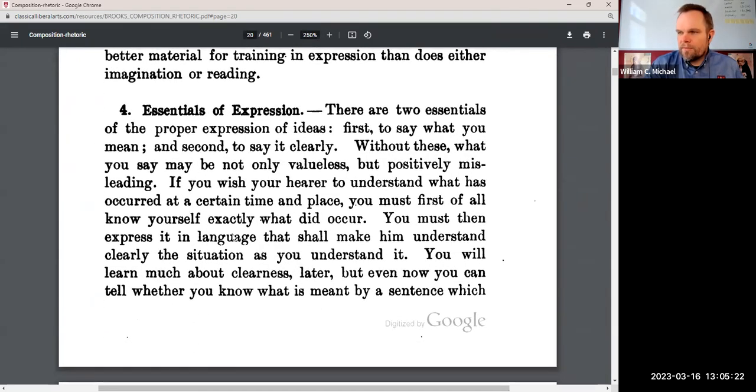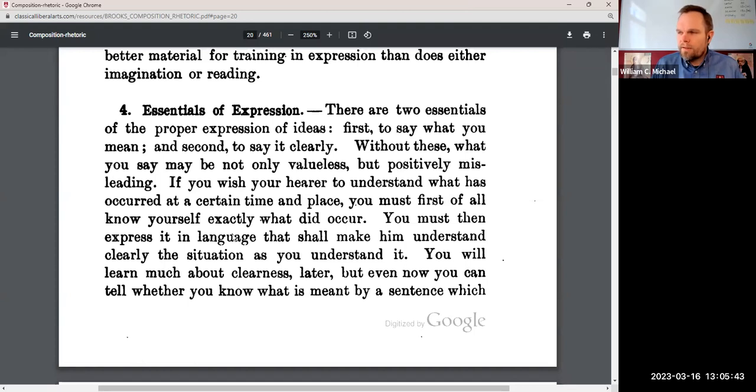Essentials of expression. There's a really simple lesson taught in this chapter of the book: there are two essentials for the proper expression of ideas. In other words, when it comes to speaking or writing, there are really only two things you need to learn and practice.